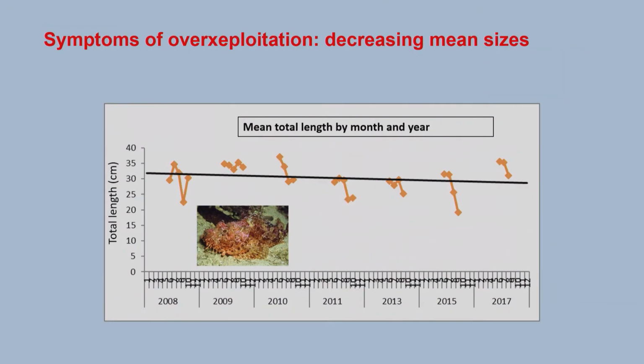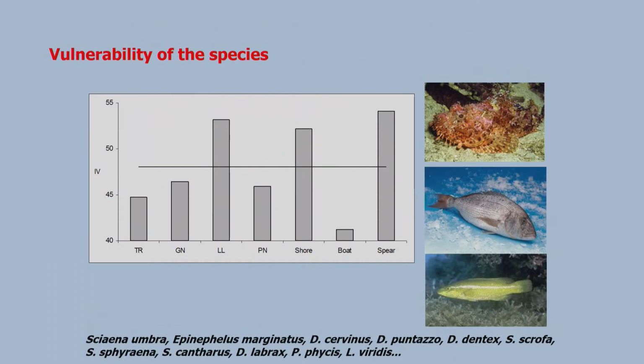Another thing that you can do is to compute the mean size of fish by month and year. If you have, as I show here, for example, a declining trend in the mean length, this is another bad sign that you probably are having overexploitation. Then you have the vulnerability of the species.